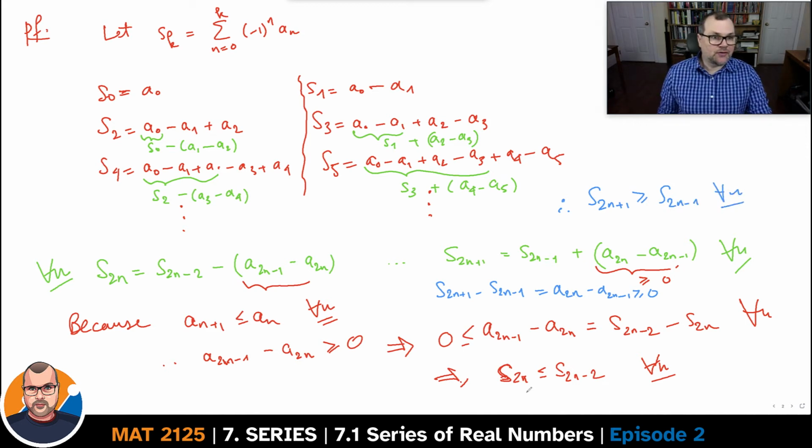If I use the even numbered terms, so let's say I replace n by 1, I get that S0 is larger than S2, and S2 is larger than S4, and S4 is larger than S6, and so forth.